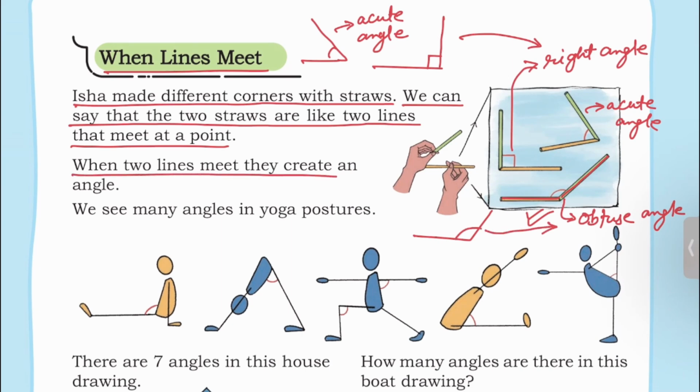When two lines meet, they create an angle. We see many angles in yoga postures. You can see here an angle has been formed, here an angle, similarly angles here and here too.